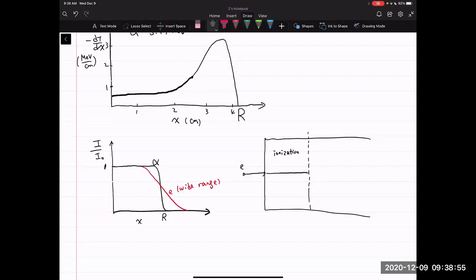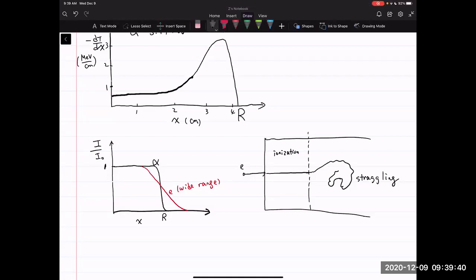Then when the energy of the electron gets smaller, its trajectory is going to be influenced by the nucleus positive charge. So then you see the trajectory of the electron will not be as well defined as for heavy charged particles. They are wiggling, can even go back and forth. And this phenomenon is called straggling. Just because the mass of the electron is much smaller. And that is why if you plot this intensity figure on the left-hand side, the range of the electron is actually pretty broad.